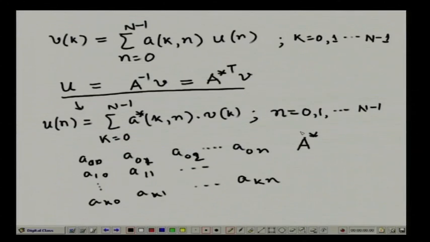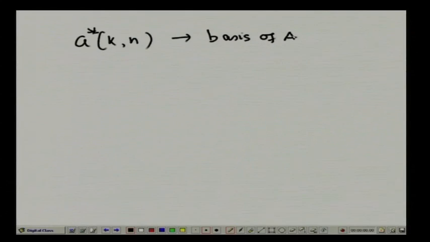These column vectors, A k n star, are actually called the basis vectors of the matrix A. And you remember, this matrix A is a unitary matrix.